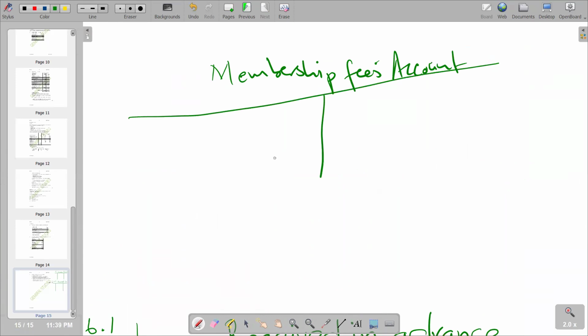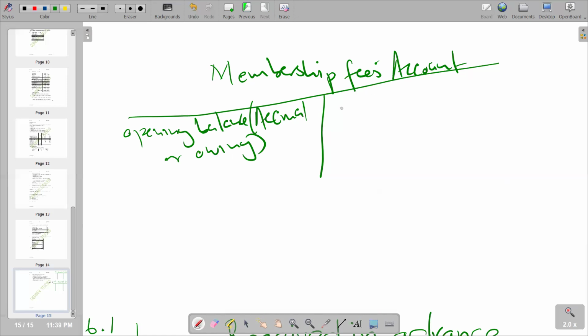On the debit side, that's where we are going to have the opening balance of accrual, that is accrual or owing.